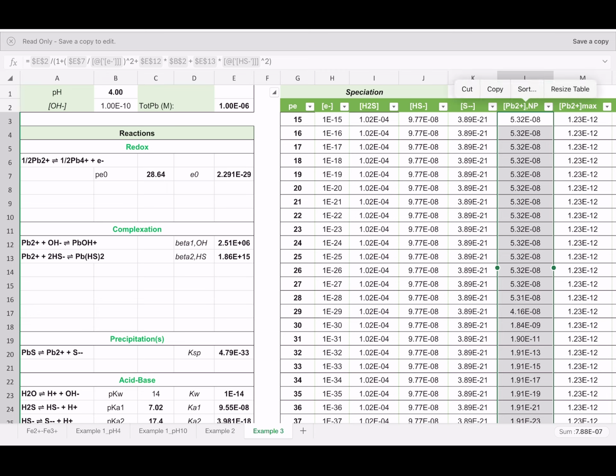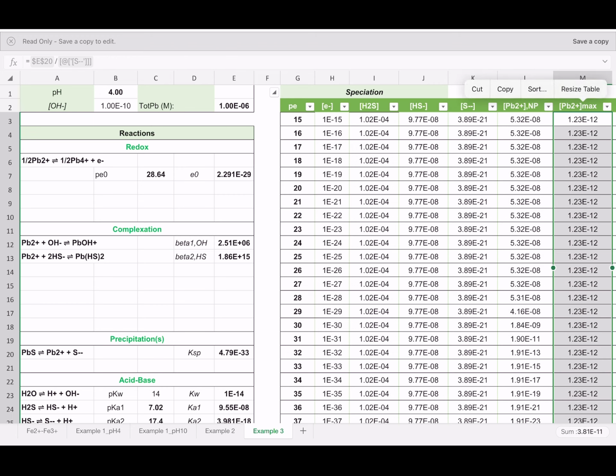Pb2+ no precipitation, as you see, is a function of so many beta values and the rest. Then Pb2+ max is just a function of Ksp and the precipitating agent's concentration. Okay, need to check the note. So there shouldn't be.